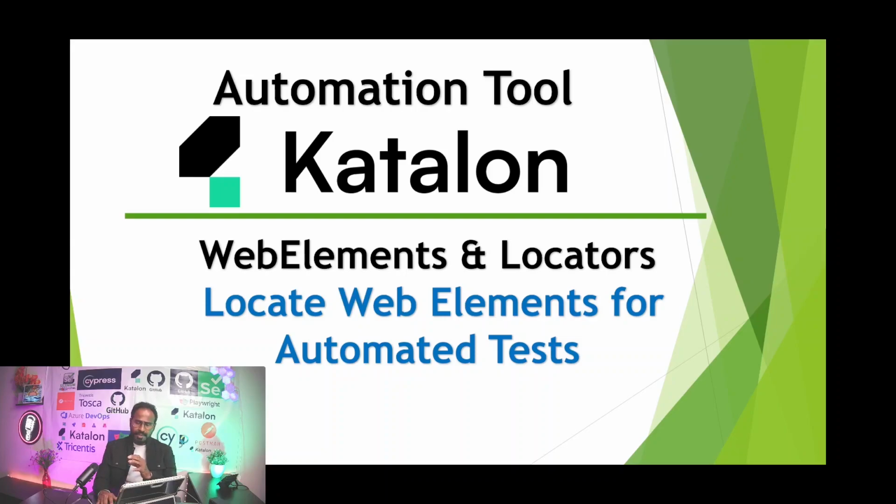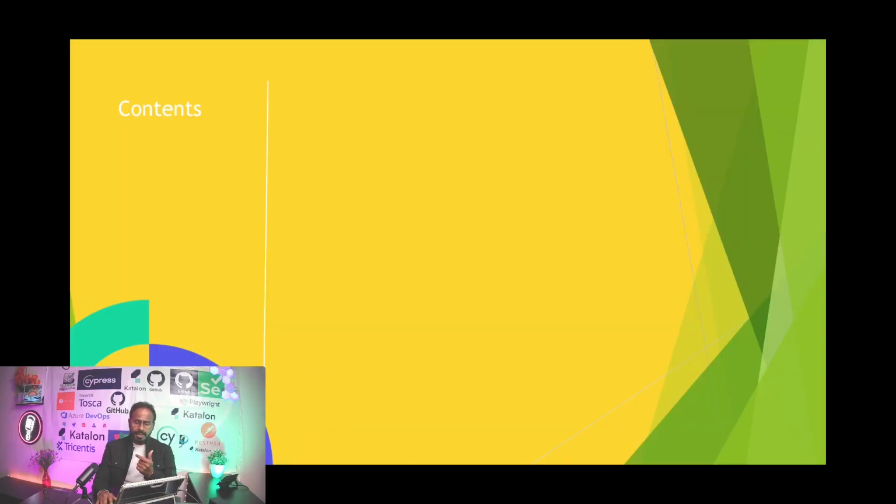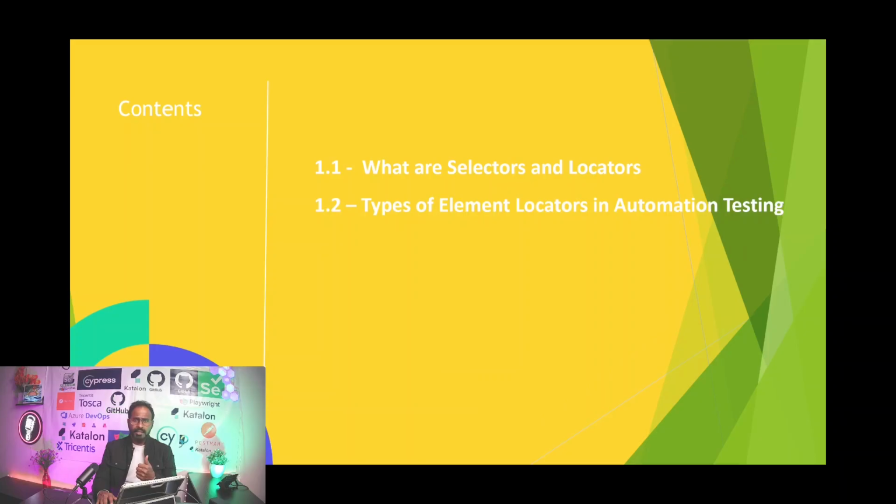As part of this lesson, I'm going to cover three different chapters. In chapter 1, I'm going to talk about the selectors and locators. As part of this chapter, first I'm going to discuss what are the selectors and locators, and then what are the types of element locators in automation testing.